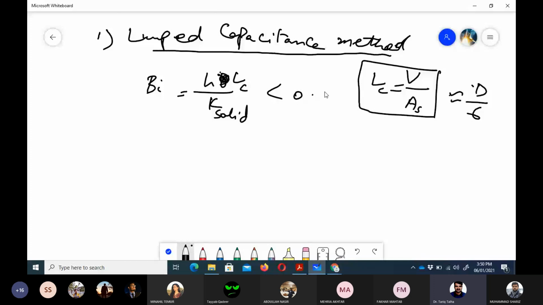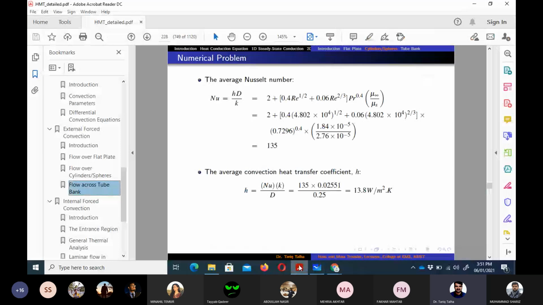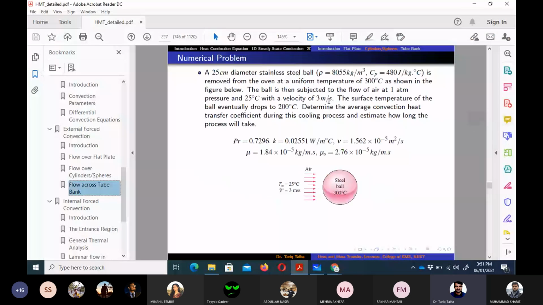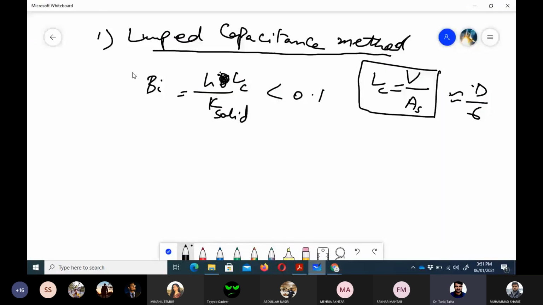In the data, we have not been given the value of k of solid. Instead, we are only given the value of k of fluid. So either you get that value from somewhere for this particular material, or secondly, the second method would be that we can calculate the time. Q dot has units of watt, and watt is joule per second.